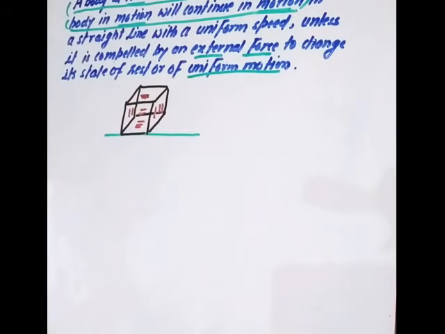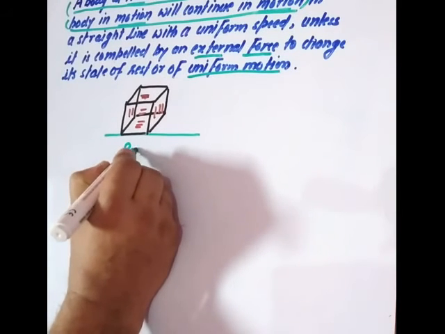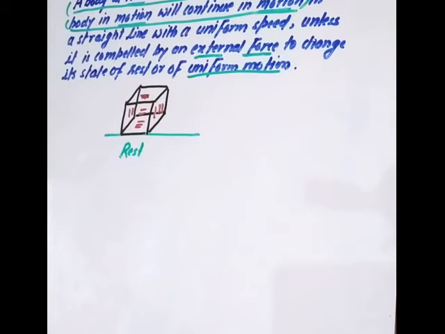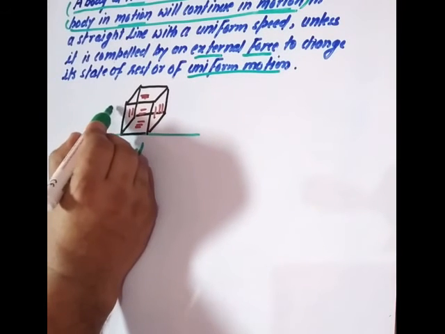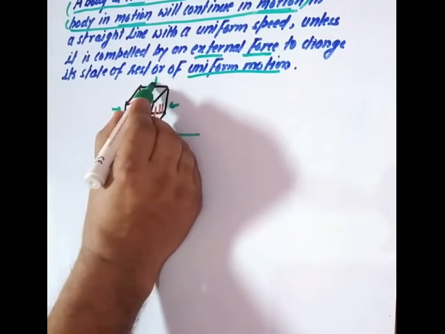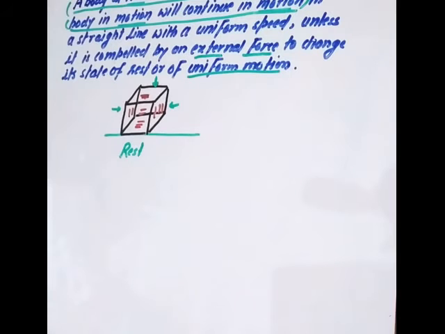That is, it cannot change its position of rest by itself. It can change its state of rest only when compelled by the force of your hand, when you push it or you lift it. Thus the position of rest of the box has been changed by the external force. The force applied by your hands is an external force.